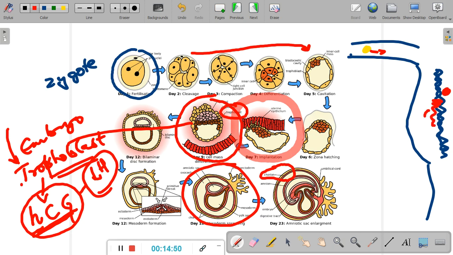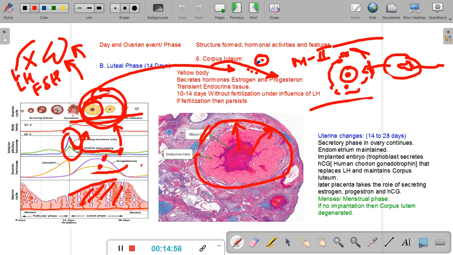From there it gets into the blood and reaches the ovaries, and once it reaches the ovaries, it keeps the corpus luteum alive, and the corpus luteum keeps on making estrogen and progesterone, thus maintaining the endometrial lining throughout the period of pregnancy. I hope this much is clear, the function of HCG.